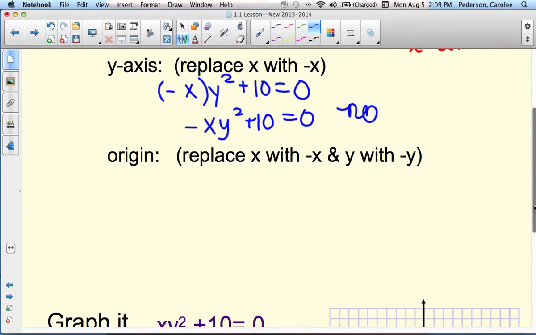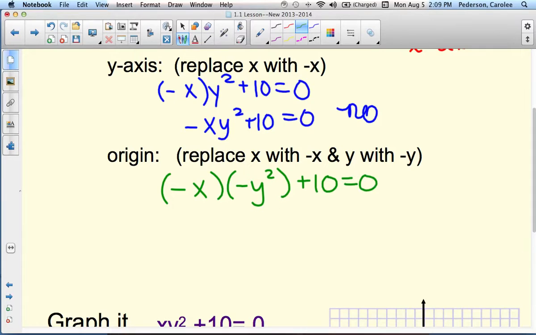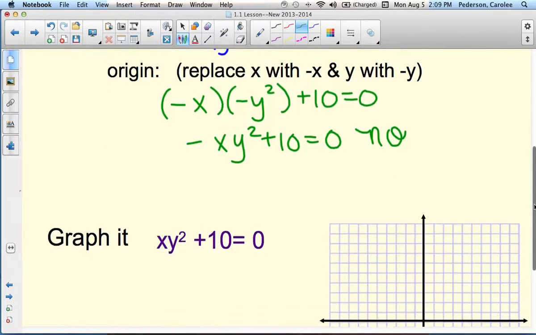And then our last one, replace the x and the y with a negative. And you get negative x y squared plus 10, which is also a no. So there's no symmetry about the origin.